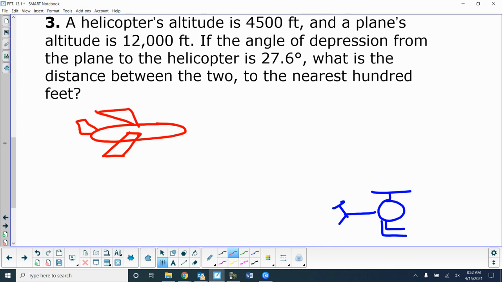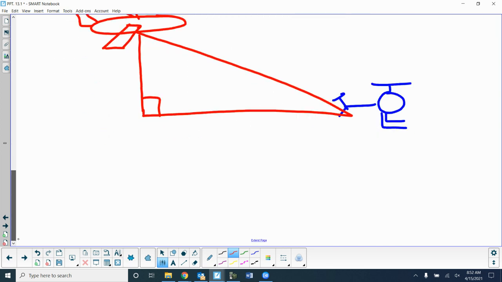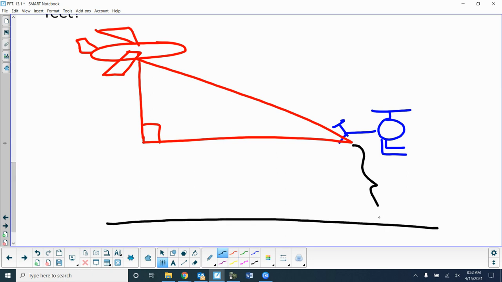So the difference, all right, now we're talking, the ground's down here. All right, so from here to here is 4,500. And from here to here is 12,000, right?